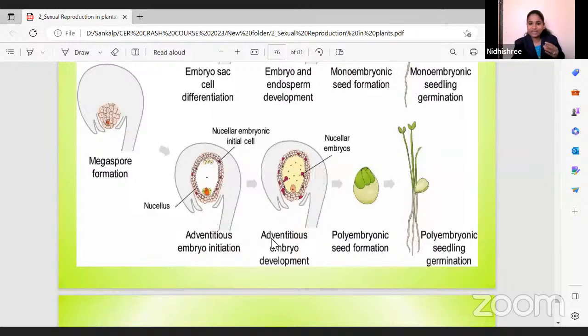After it divides, adventitious embryo development, you can see here. A cell in the nucellus develops into an embryo-like structure, which is called polyembryony. Nucellar embryony means it develops from a cell of the nucellus.